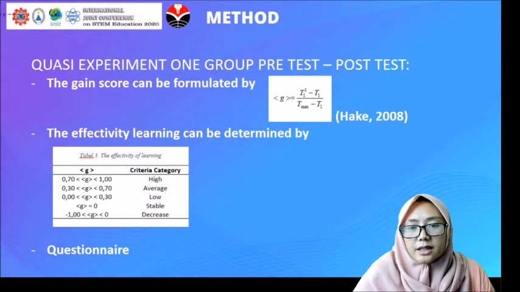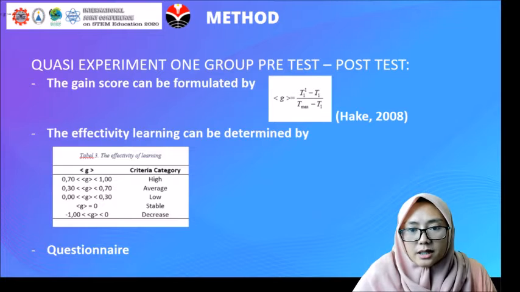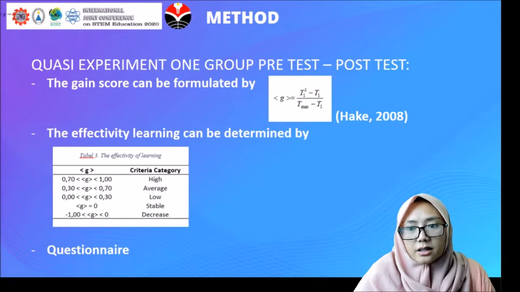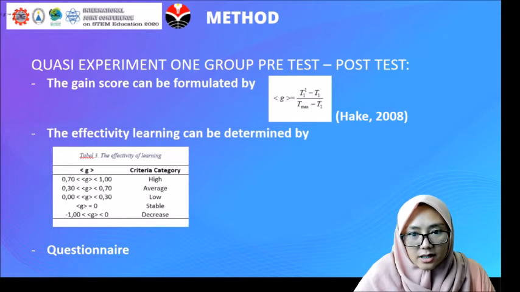The method of this research is a quasi-experiment, one group pretest post-test design. Before the lesson, students took the pretest, and after they finished the lesson, they took the post-test.